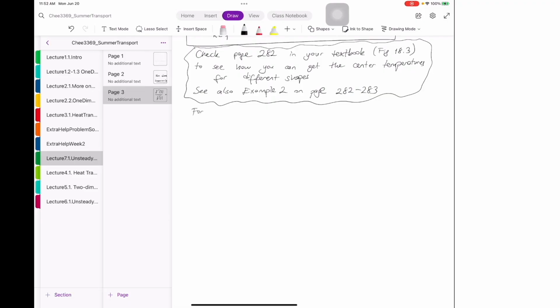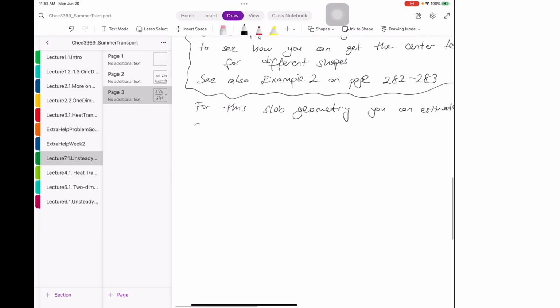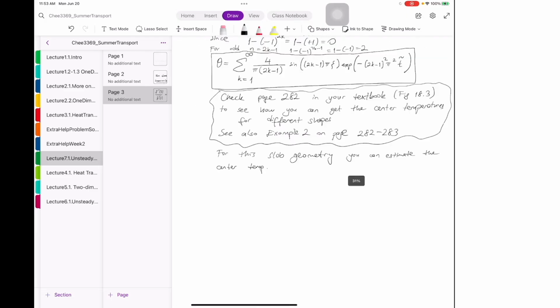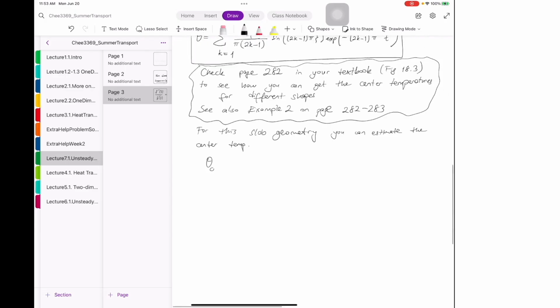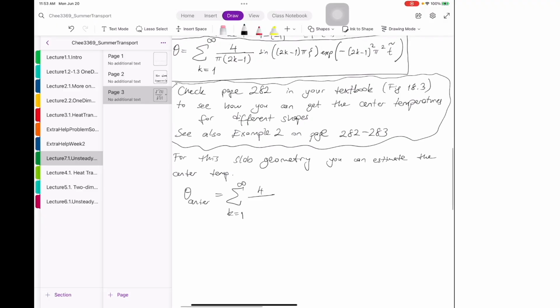For this particular problem, slab geometry, you can estimate the center temperature as theta center is equal to sum from k equals 1 to infinity 4 over pi (2k minus 1).